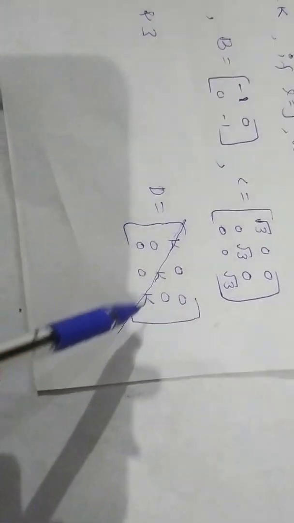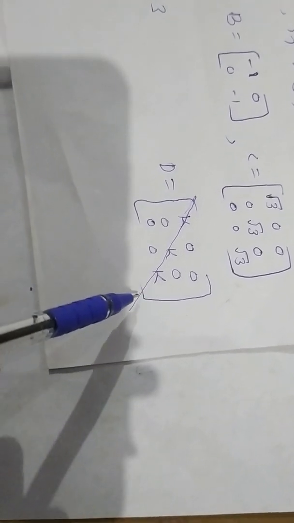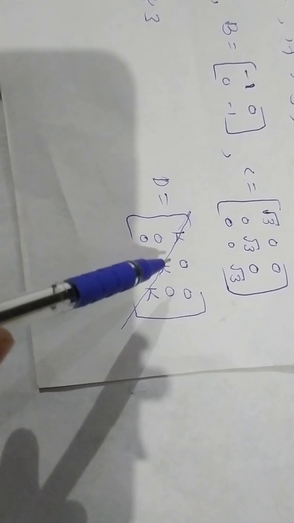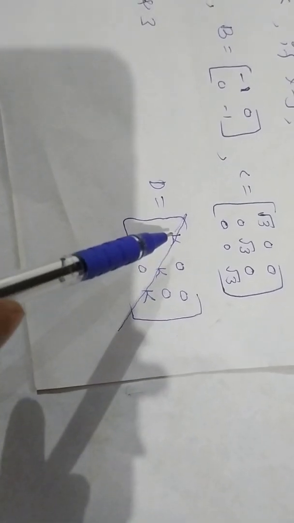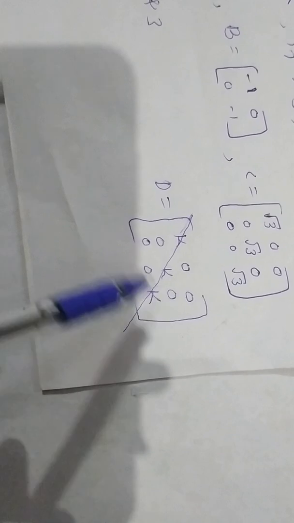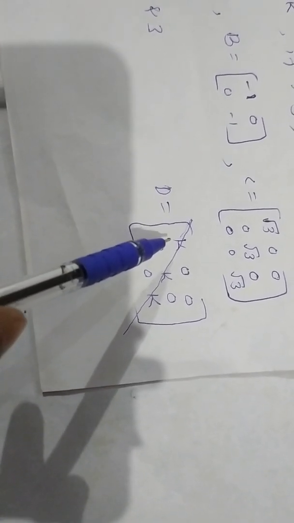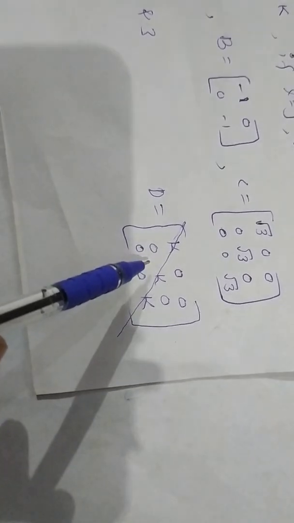The number on the principal diagonal is a constant, that is K, where K is a scalar, and the rest of the elements are 0. Non-diagonal elements are 0 because, according to the definition of the diagonal matrix, all non-diagonal elements are 0.